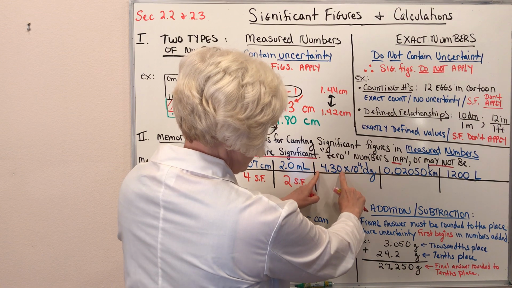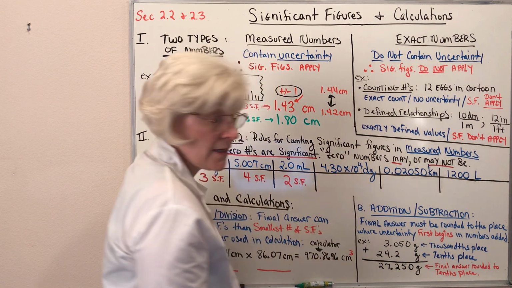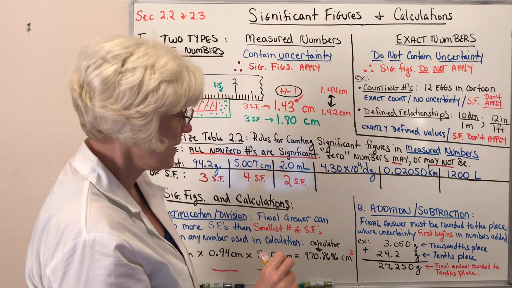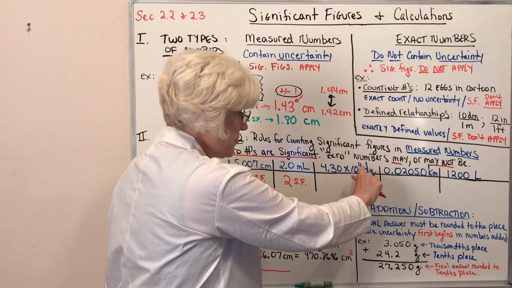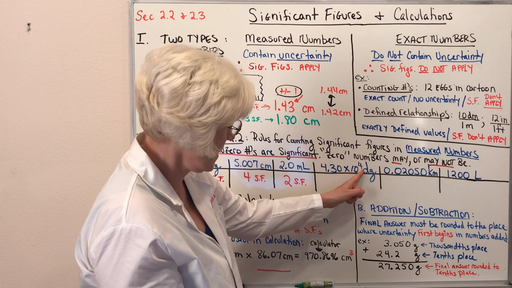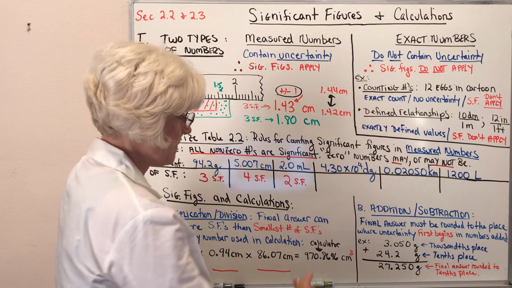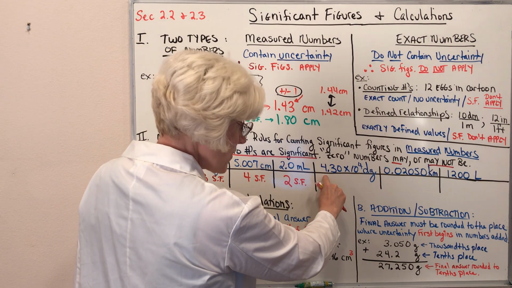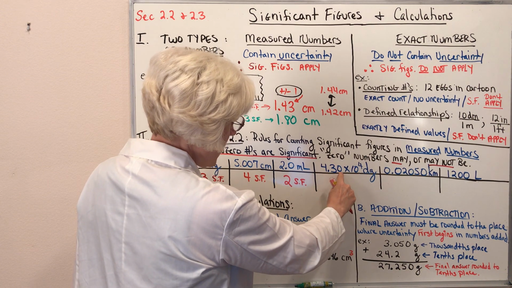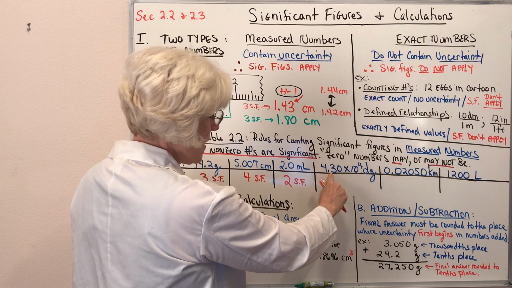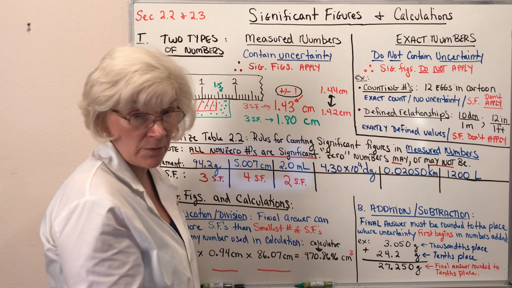The coefficient portion of the number is where you evaluate the number of sig figs. You do not count the exponent on 10 as part of the sig fig count. So looking at this number, the coefficient, the 0 comes after a non-zero number to the right of a decimal point.